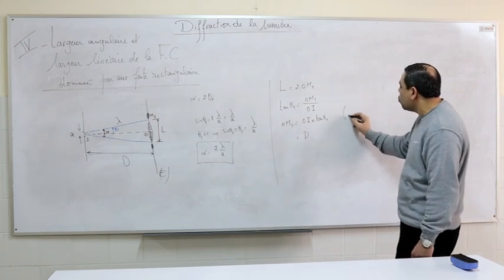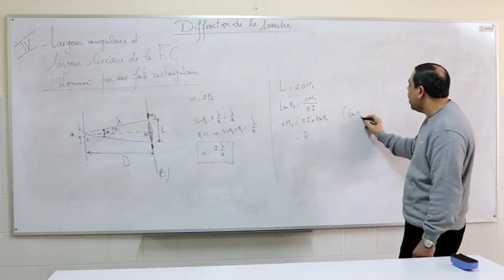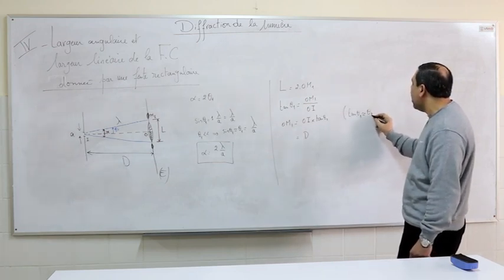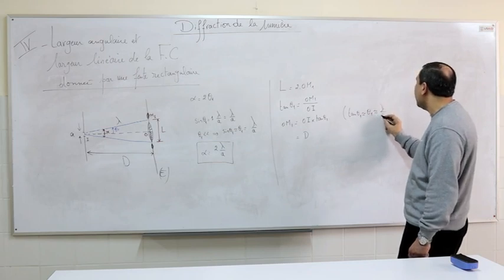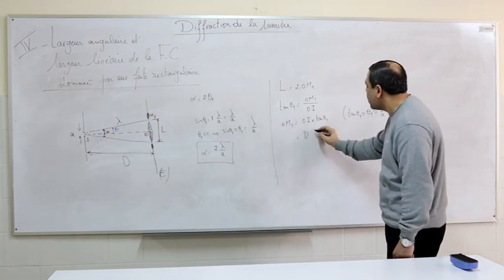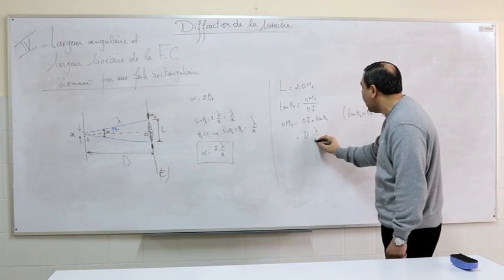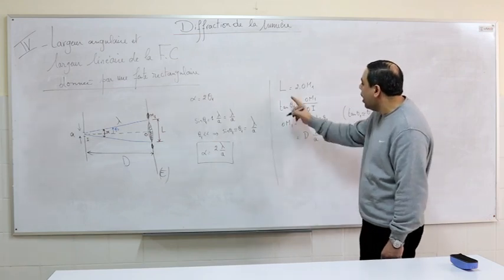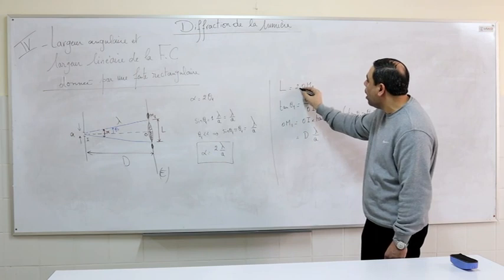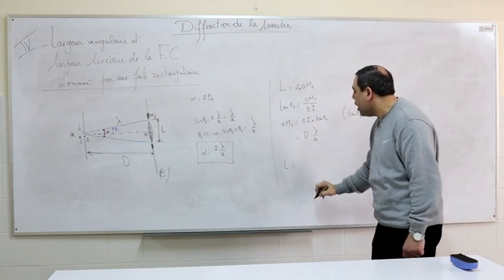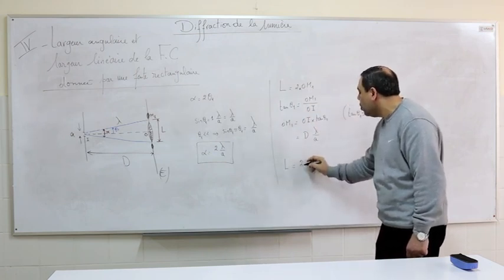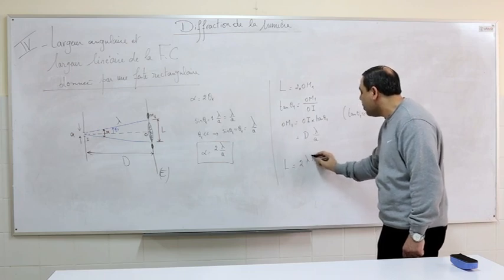Now we know that tangent θ1 is approximately equal to θ1, since θ1 is very small, which is equal to lambda over a. And the answer is D times lambda over a. But L is double OM1. So L equals 2 times lambda D over a.